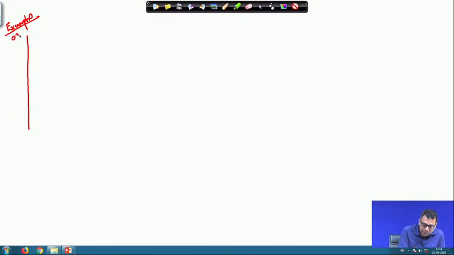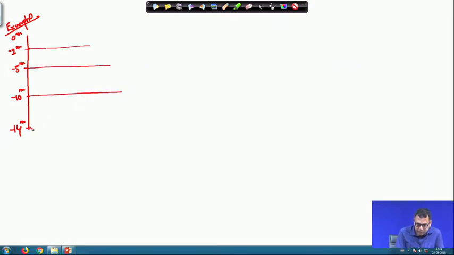So, this is 0 meter, then 2 meter, then minus 5 meter, then minus 10 meter, then minus 14 meter. Okay. So, we have this 3 layer soil and the water table is here.